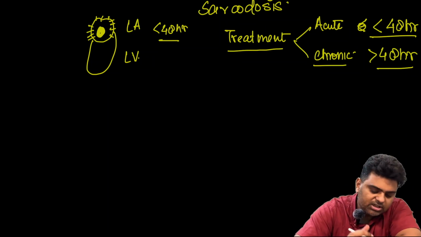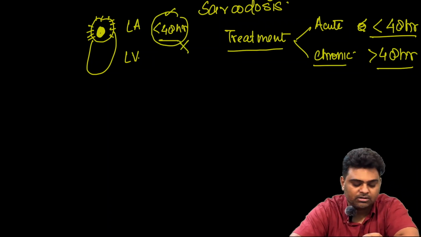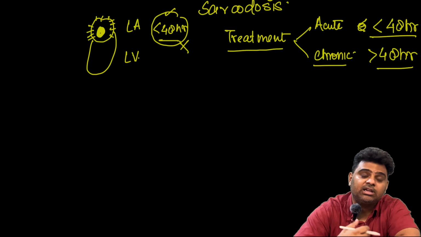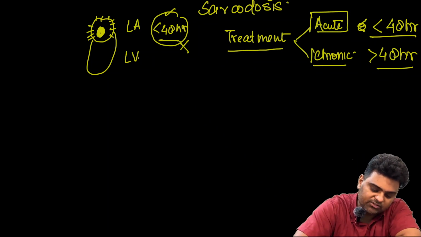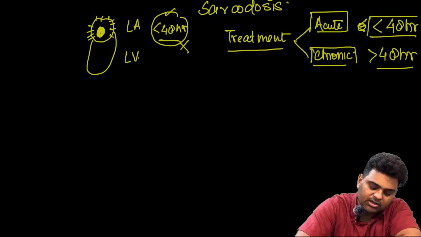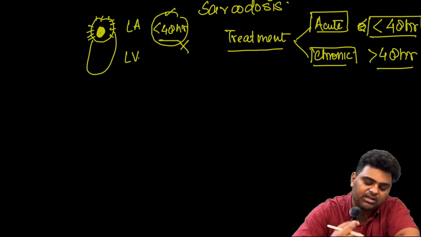It has been seen in most of the cases that within 48 hours, clot is not formed, and clot formation generally takes 48 hours. Therefore, this acute and chronic classification has been done on the basis of clot formation and experimental studies.